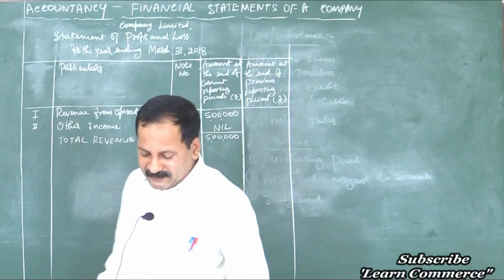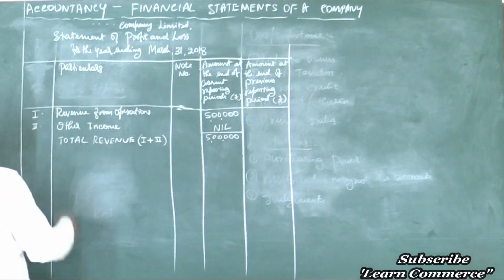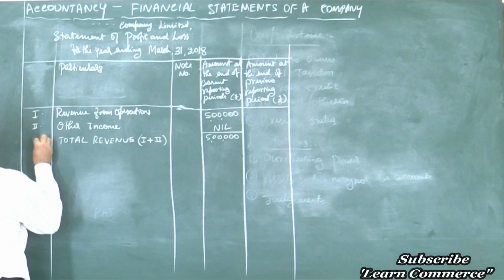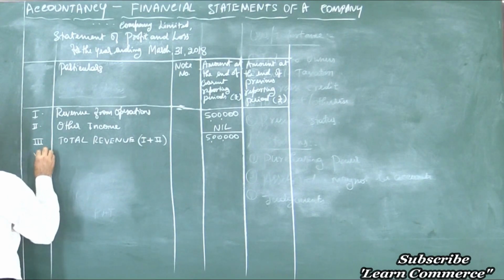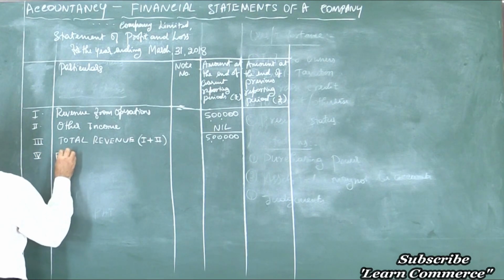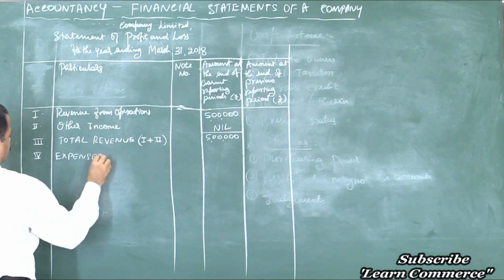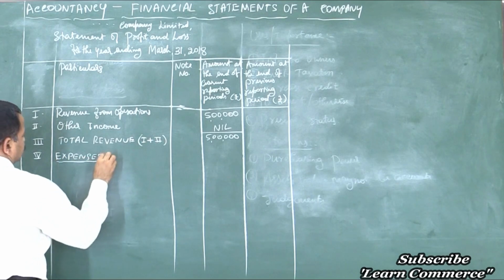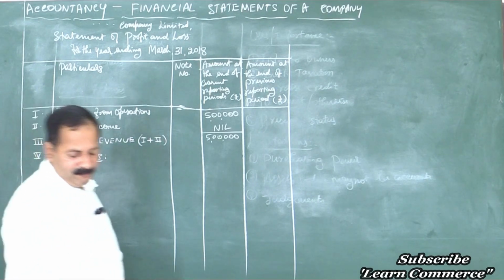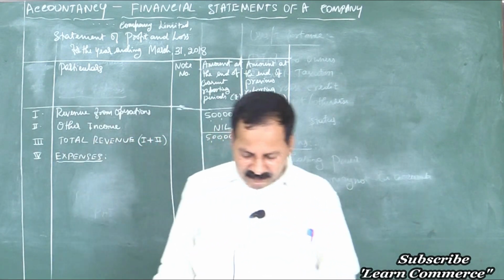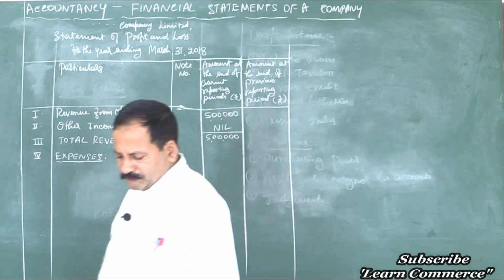Then now expenses. Fourth one is expenses. This is third one. Fourth one is expenses. Under that, write one by one, isn't it? Cost of goods purchased.